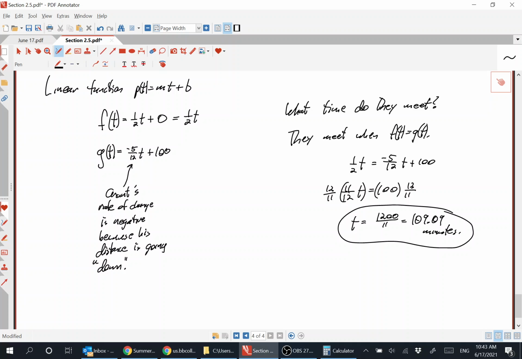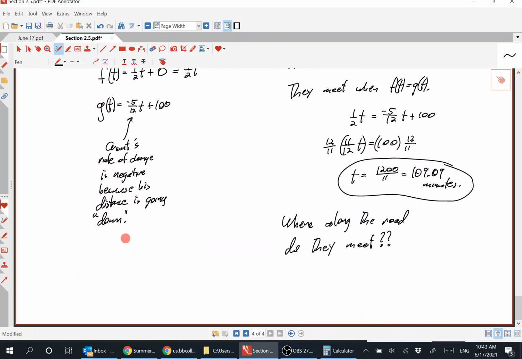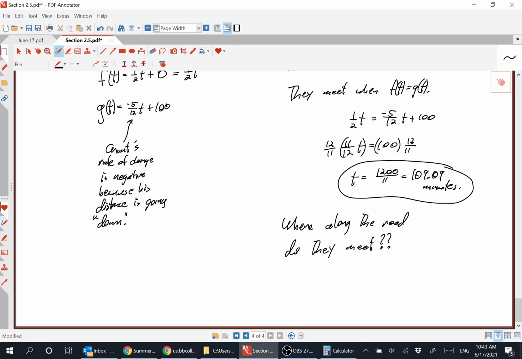The other question we're being asked is where along the road do they meet? Right, so the when is asking about time in minutes.